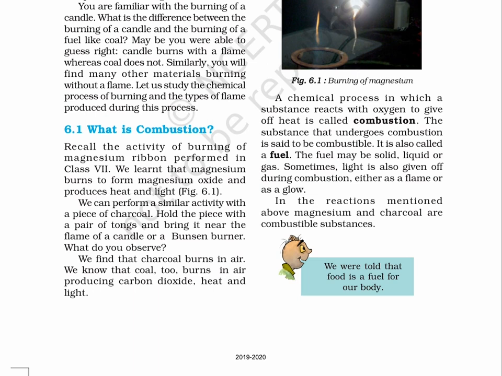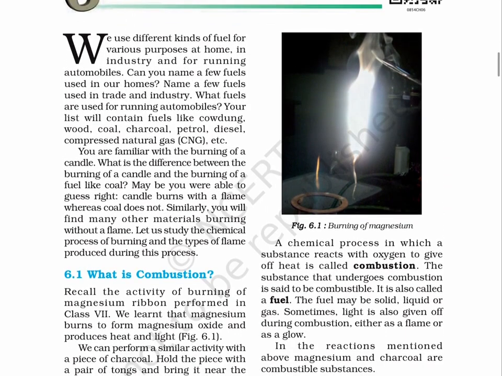Hold the piece with a pair of tongs and bring it near the flame of a candle or Bunsen burner. What do you observe? We find that charcoal burns in air. We know that coal too burns in air, producing carbon dioxide, heat and light. Figure 6.1: Burning of magnesium.